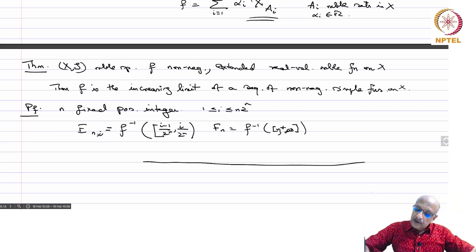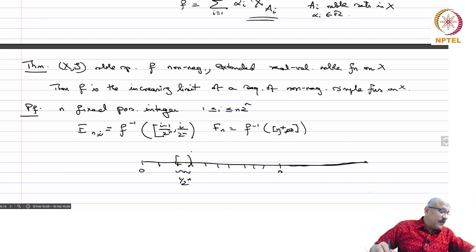So what are you doing here? I am taking 0 and then I am taking n. Whenever x is in the inverse image of n to plus infinity, it is given by Fn, and this portion here I am going to divide into subintervals of length 1 by 2 power n. So there are n times 2 power n such intervals, and if f falls in any particular interval here, then Eni is the inverse image of f there. So this is how I am defining this.